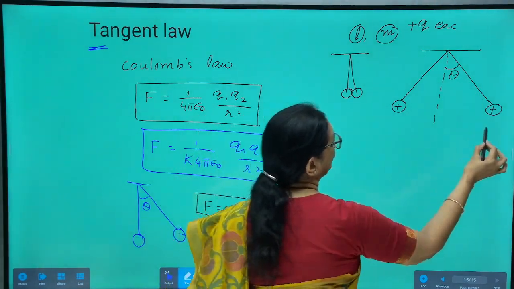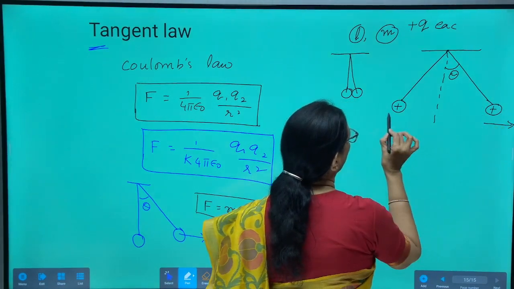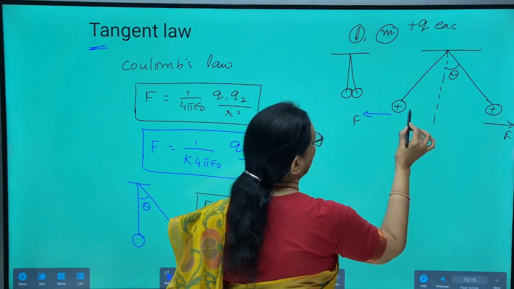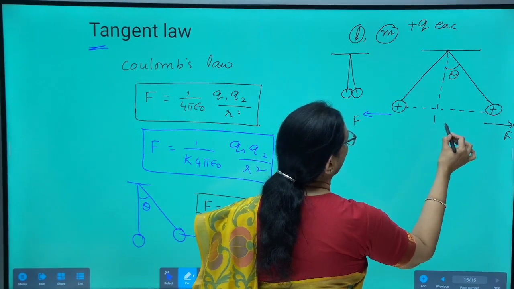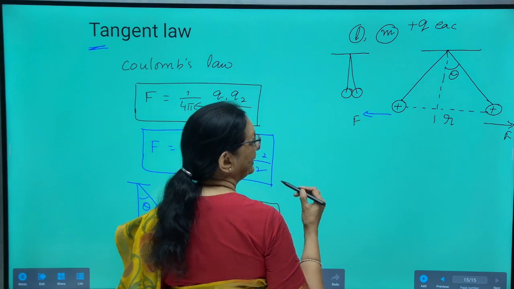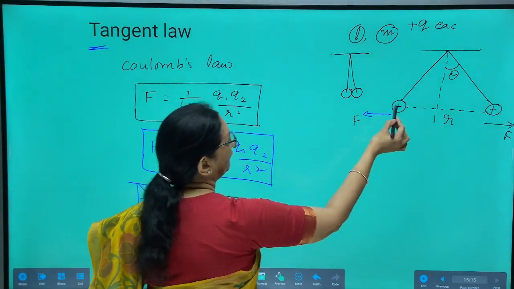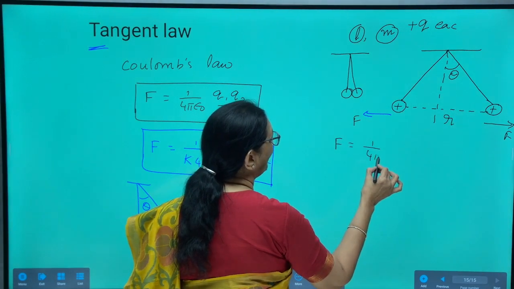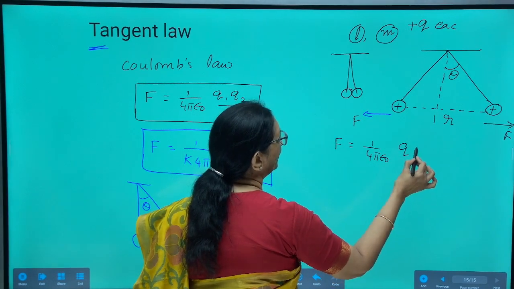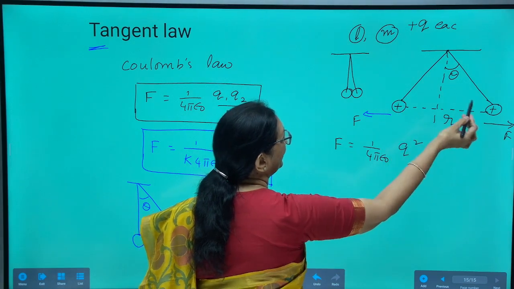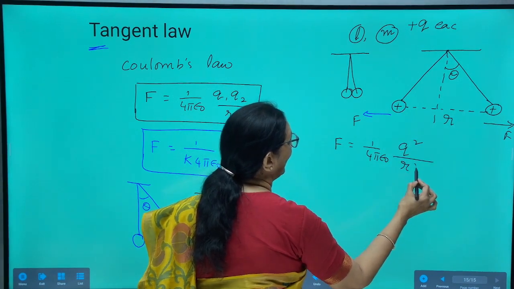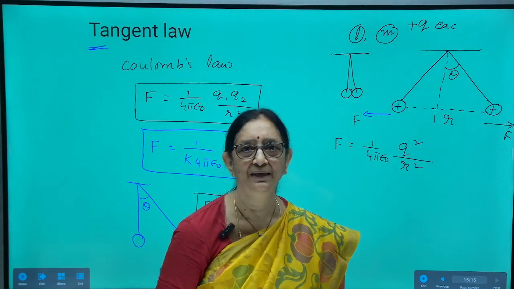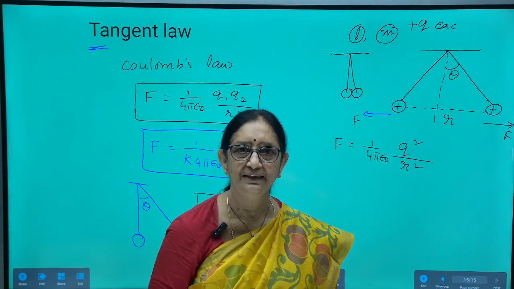The forces acting on the two bobs are equal and opposite, from Coulomb's law. If the separation between the two charges is r, then the force of repulsion between them is 1 by 4 pi epsilon naught q into q, that is q square by r square.